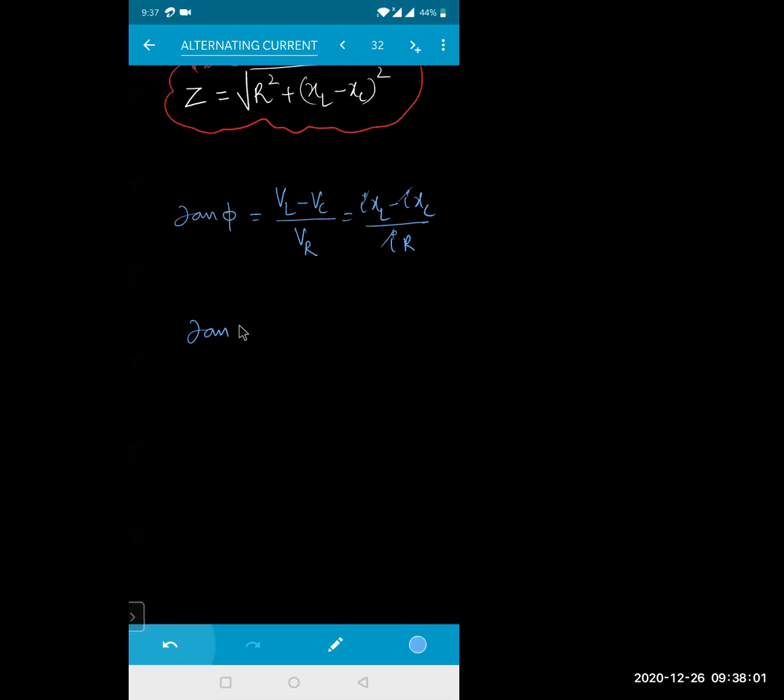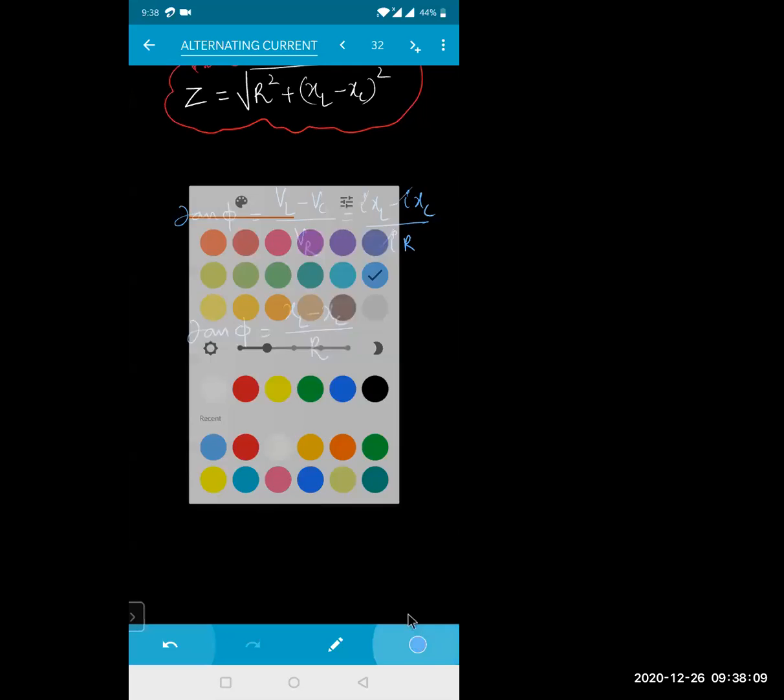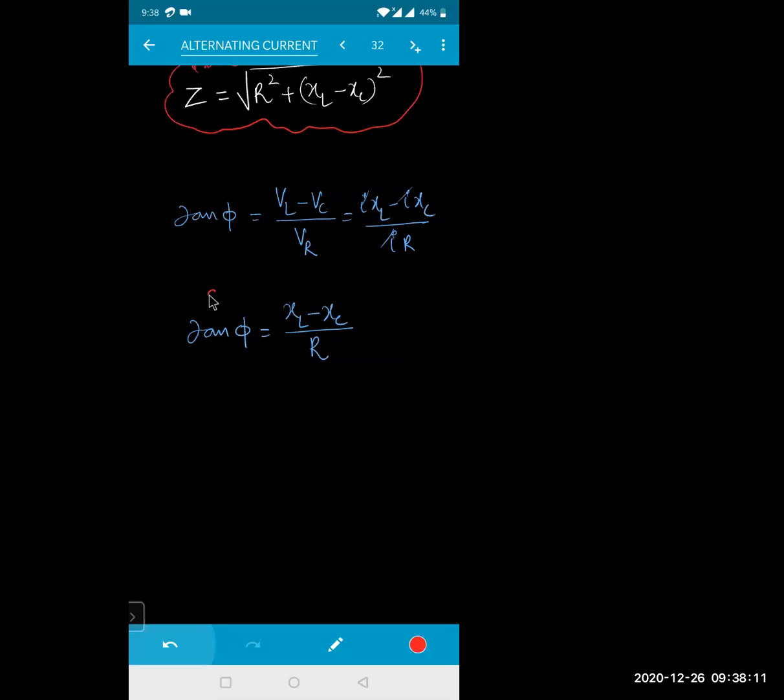So tan phi will be equal to XL minus XC divided by capital R. That is the value of tan phi. These are the relations you need to remember.